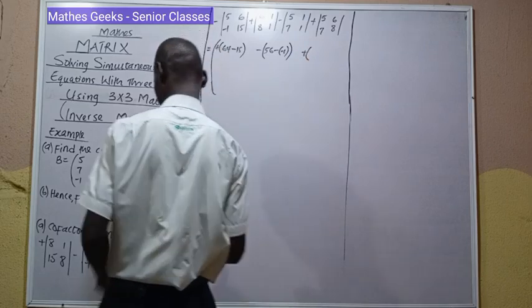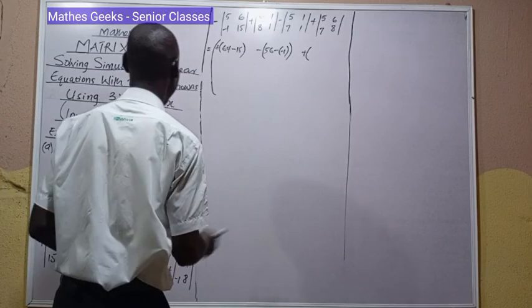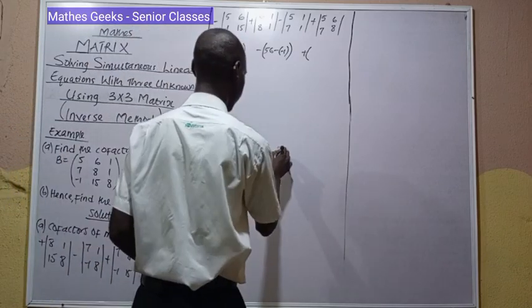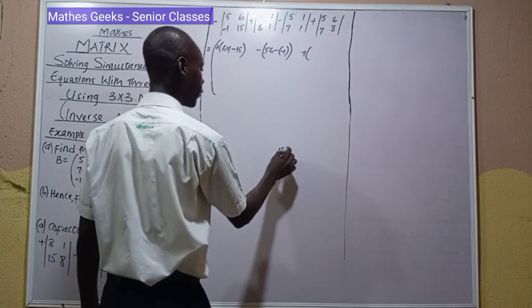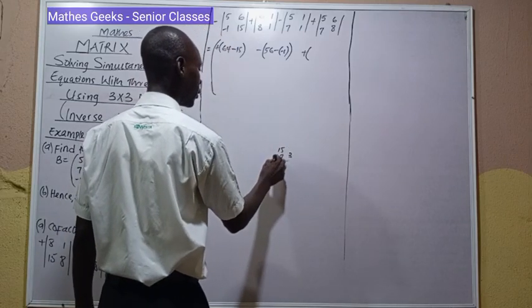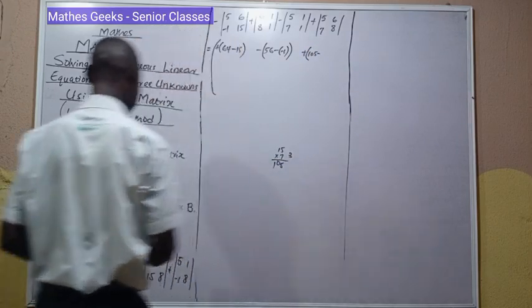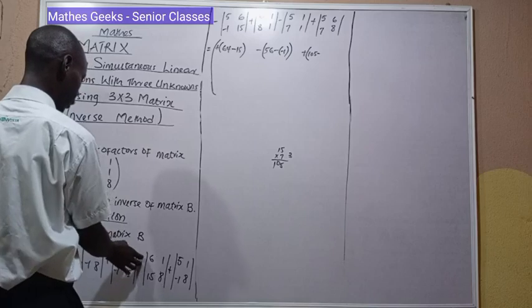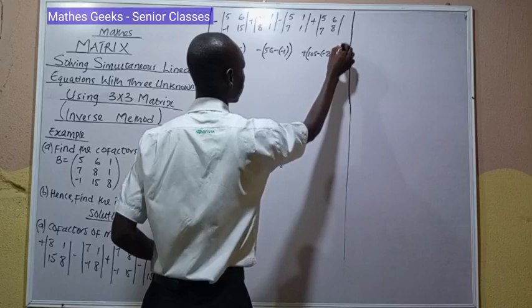Plus 7 times 15, so 15 times 7: 7 times 5 is 35, 7 times 1 is 7, giving 105, and 8 times minus 1 is minus 8.